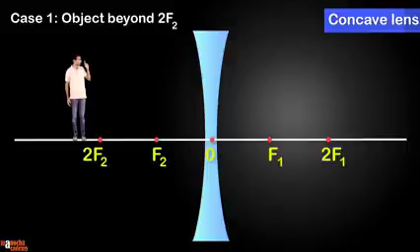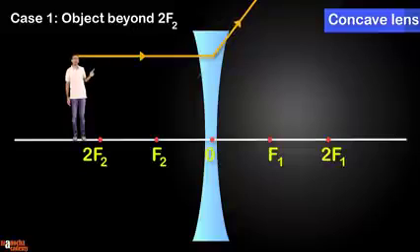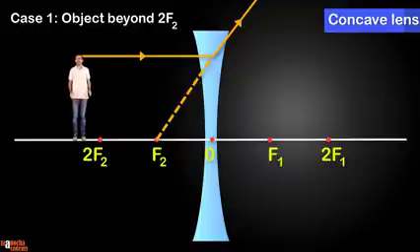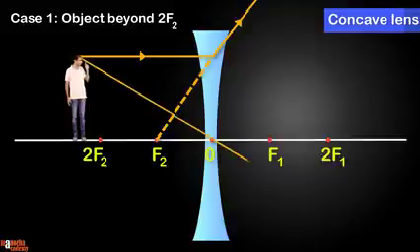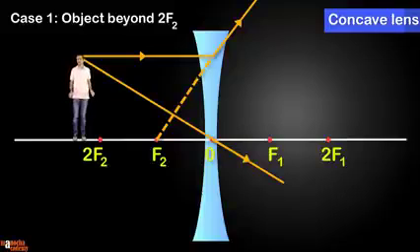The ray that is parallel to the principal axis, after refraction, if we extend the refracted ray backwards, it appears to come from the focus. For the second ray, let's use rule 2. The ray going towards the optical center goes straight through without being deviated.